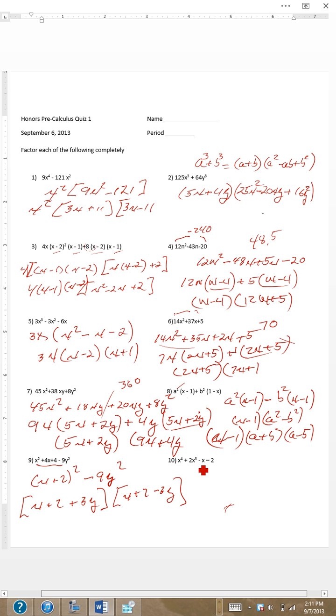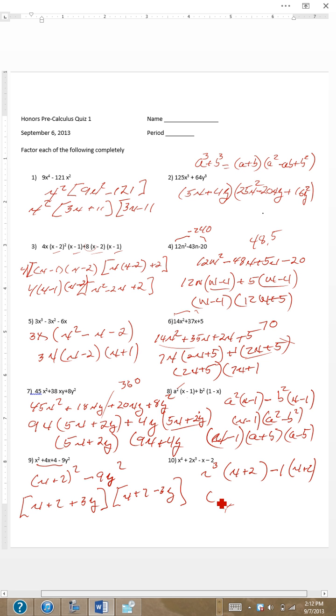Lastly, number 10, grouping, first two, common factor x squared, nope, common factor x cubed. You can see that power there. So x cubed is common factor. X cubed, common to x plus 2. Second one, minus 1 comes out, common to x plus 2.